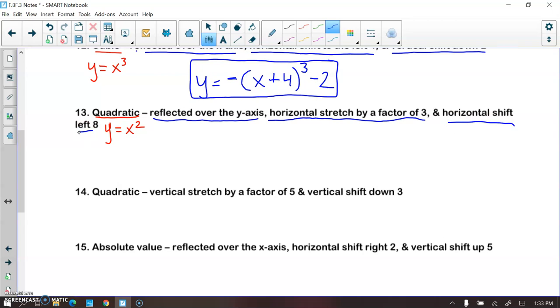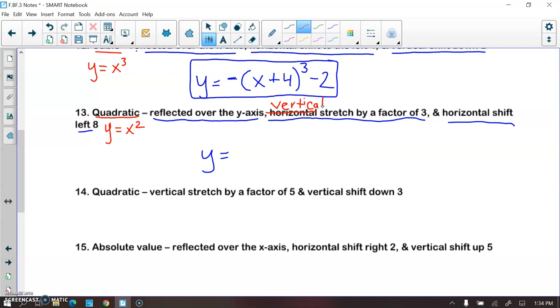Now with this, we need to be careful. Sorry, that should not say horizontal stretch. We haven't done horizontal. Let me change this to vertical. And on your copy, it should say vertical.